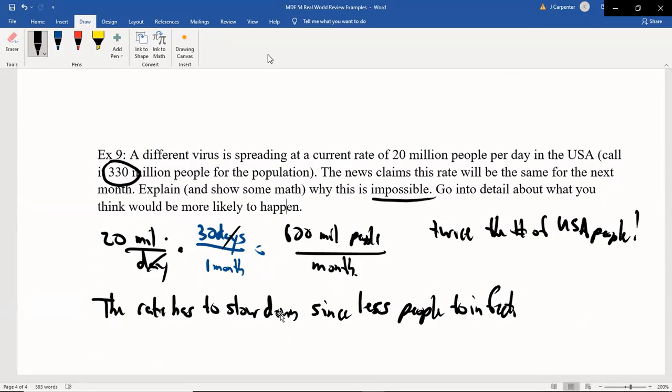But it's going to slow down, and it's going to slow down, and it's going to slow down until eventually it's almost nothing. Now, mutations happen, and people can get infected again, but we're just looking at a short-term claim here. It's going to have to slow down pretty soon.